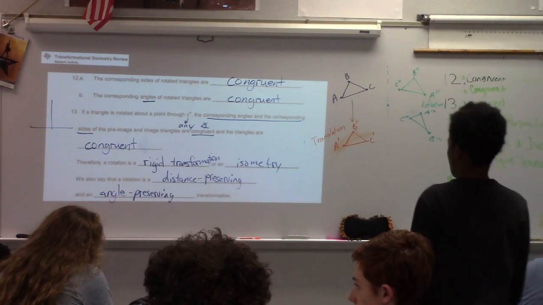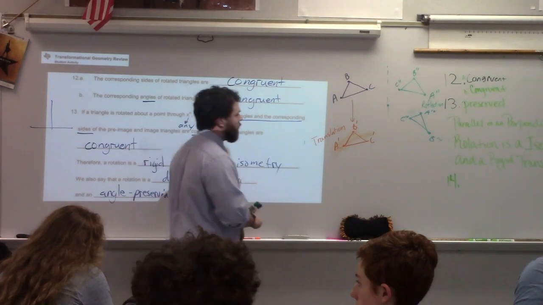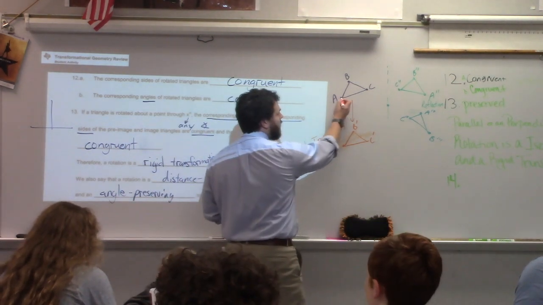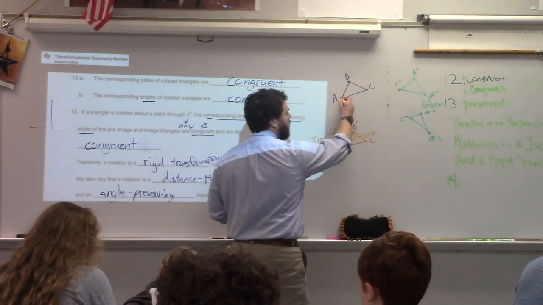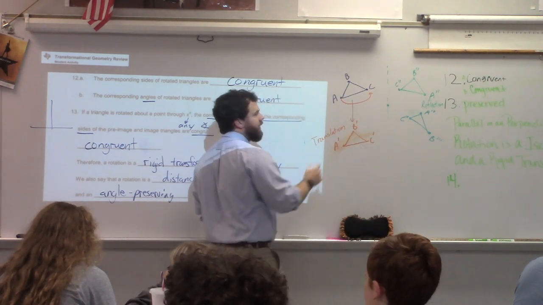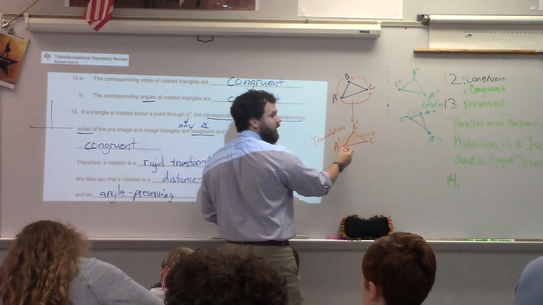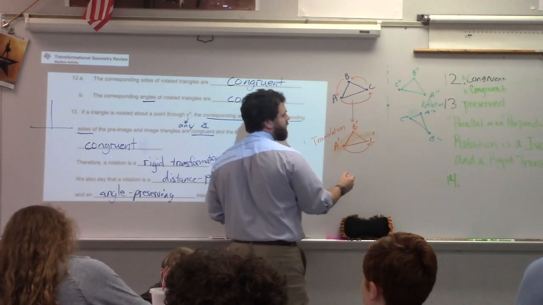All right. So here's what I want to point out, because this is the last thing that is important. If I start here at A, and I go counterclockwise, what's next? C, then B, then A. If I start here at A and I go clockwise, what do I get to?